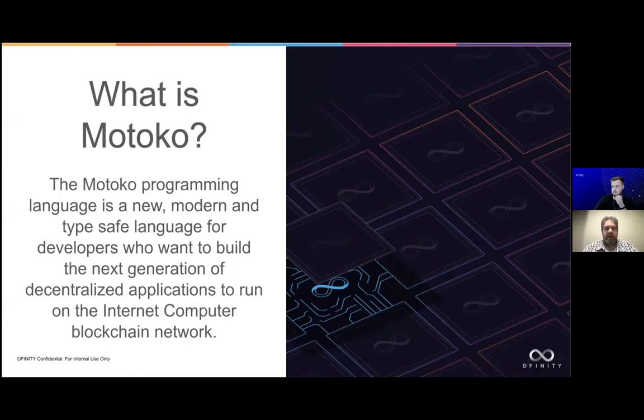But just to highlight what is Motoko, it's a programming language that we developed specifically for the Internet Computer. It's native to the Internet Computer, and it's meant to be used for generating the next generation of decentralized applications.